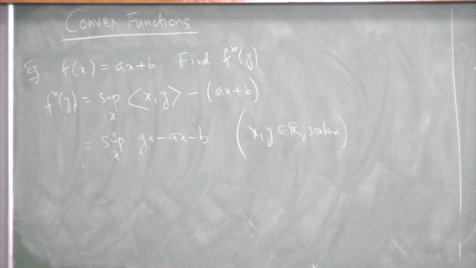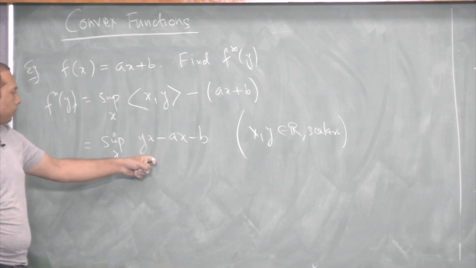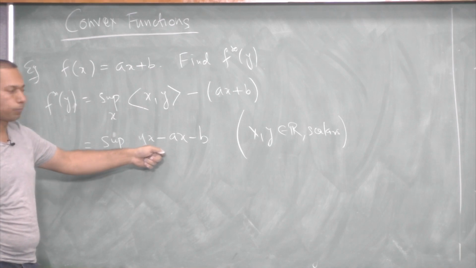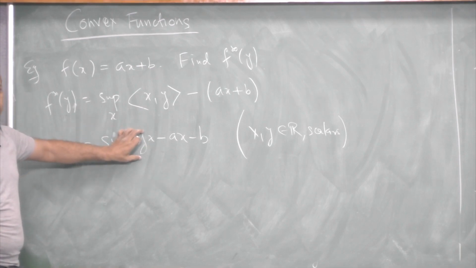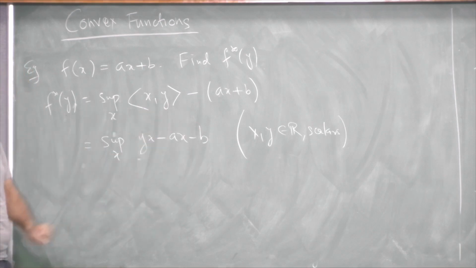So what we are supposed to find is the supremum of this for a fixed y, because this is a function, so I put in one fixed y and then ask what is the output. So imagine y is fixed, now maximize this as much as possible.